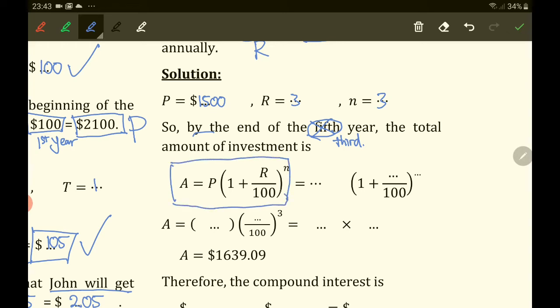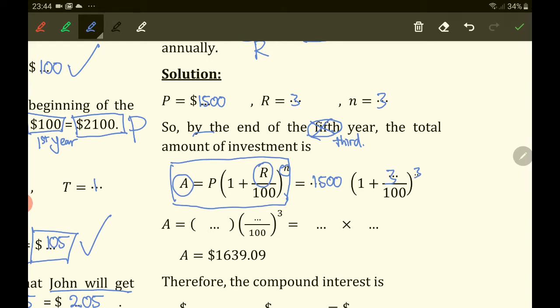Once more, A is not the interest, but the total money that you have, which includes the interest and also the principal. So A = P times this, and you put in P here, so P is equal to 1,500, times (1 + R/100), where R here is 3 and n here is also 3.